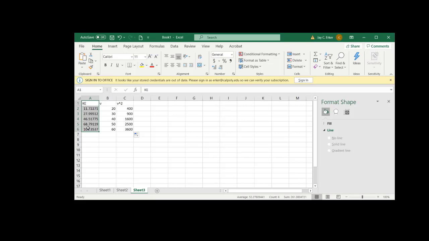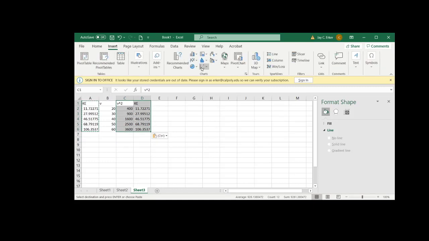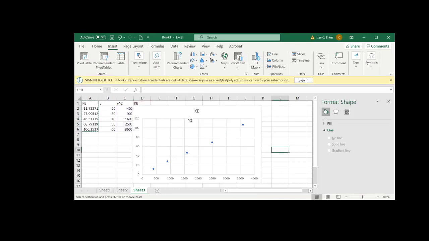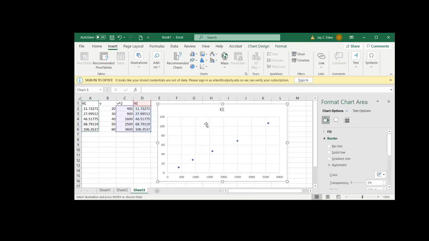So I'm going to want velocity squared on my x-axis and kinetic energy on my y-axis. I'll do the lazy way of doing that, where I just bring my kinetic energy over, highlight that, hit insert, xy scatter, ta-da!